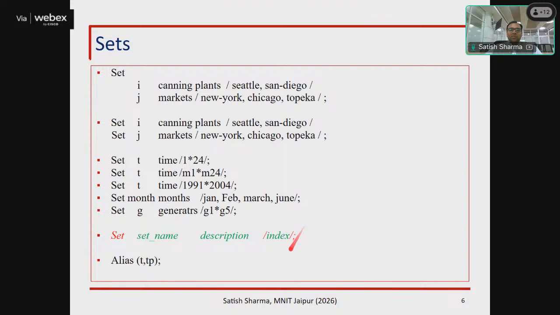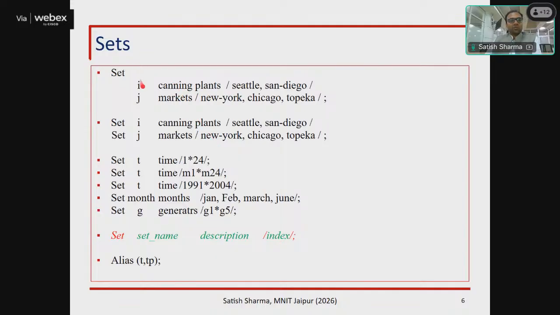Then between the slashes, you provide the index. The slashes are also mandatory to define a set. Whatever is available in red, these two slashes and the semicolon, are part of the syntax, and the index is again user defined.